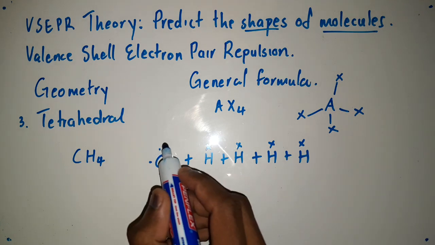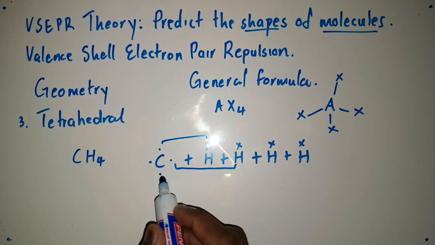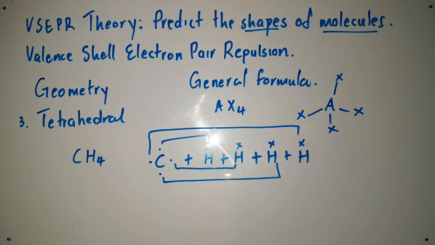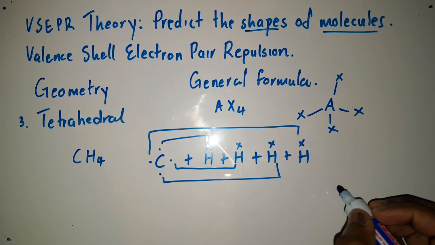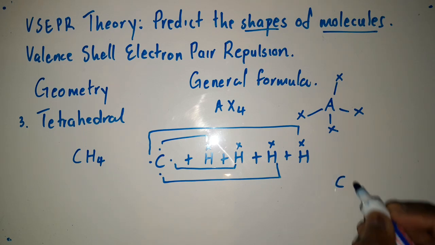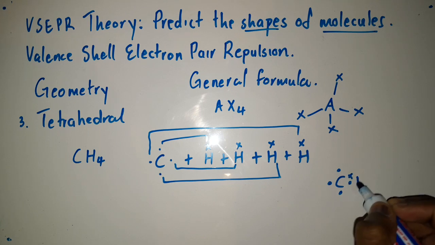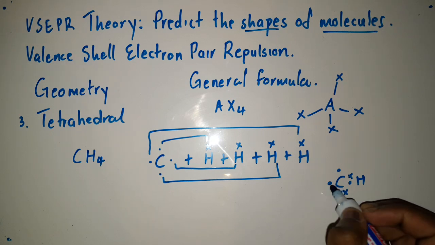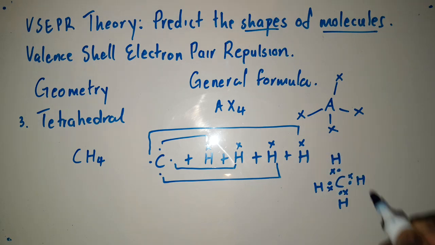Then this one is going to pair with this one, and the last one with that one. You see, my apology about the light. Then at the end of the day, I'm going to get the structure which is like this now. The first hydrogen somewhere there, the second one somewhere here, then the third one and the last one somewhere there.